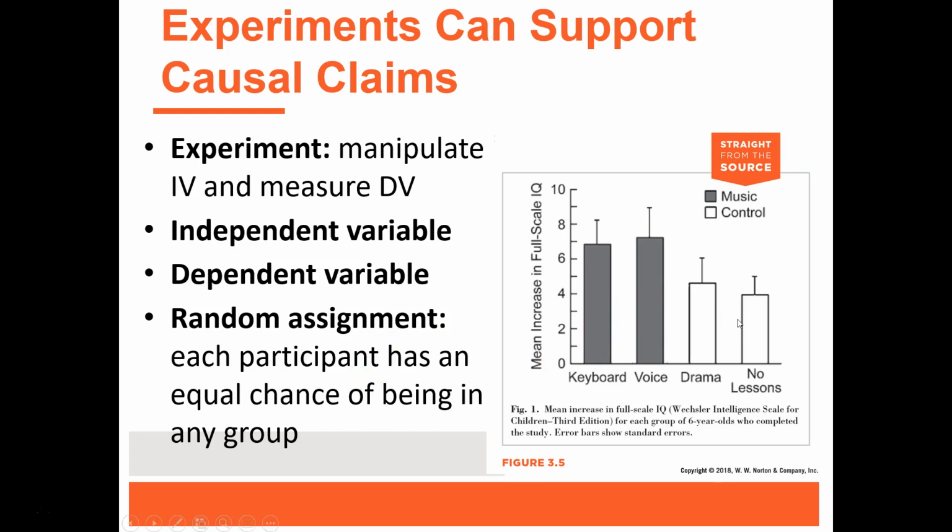And that is key, and we'll talk about why that is, but basically it eliminates any potential confounds, any potential alternative explanations as to the explanation of our results, right?